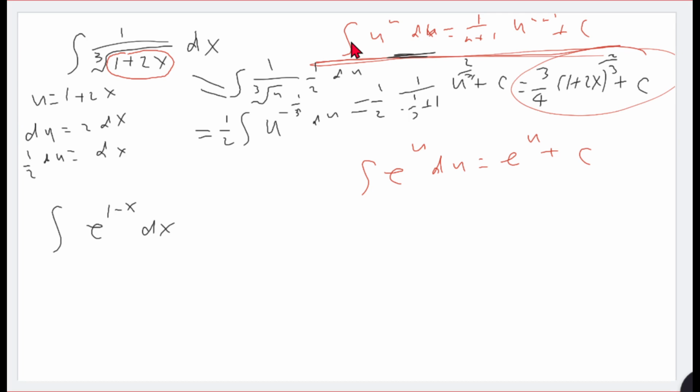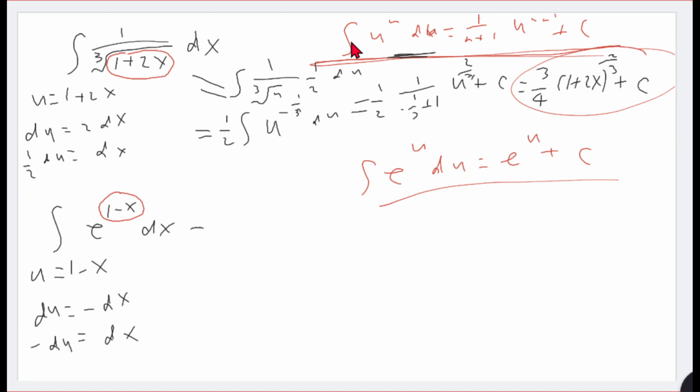Next, let's see the integral of e to the 1 minus x. Obviously we don't have a formula for that. However, we realize that if we regard 1 minus x as u, so it's simply e to the u, then we have a formula for that. So our substitution will be u equals 1 minus x, and du in this case will be negative 1 times dx, or dx equals negative du, which we can use.